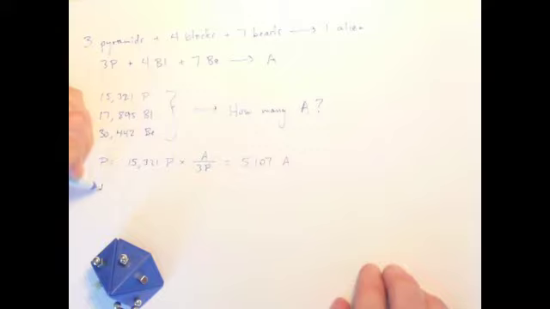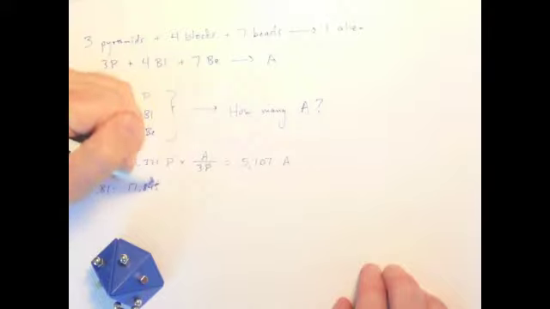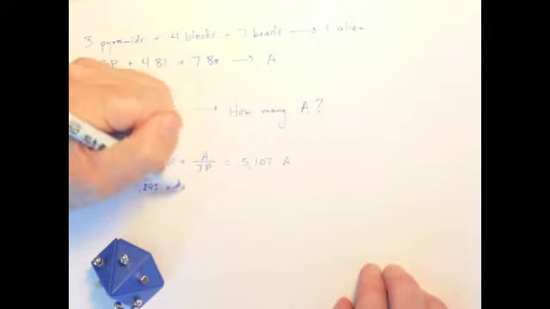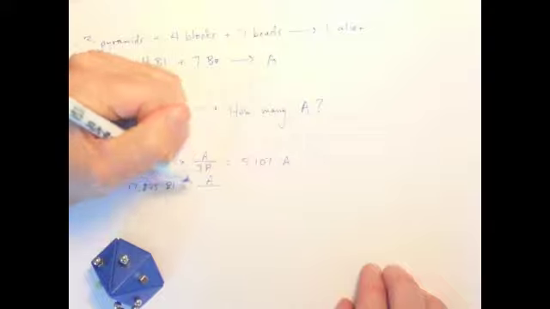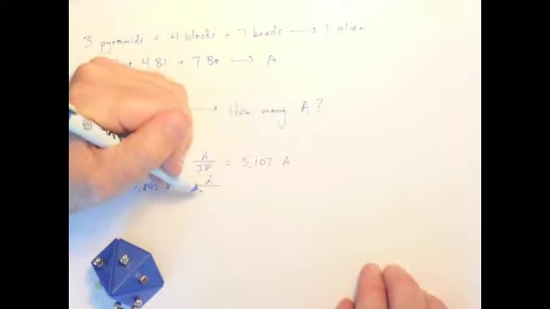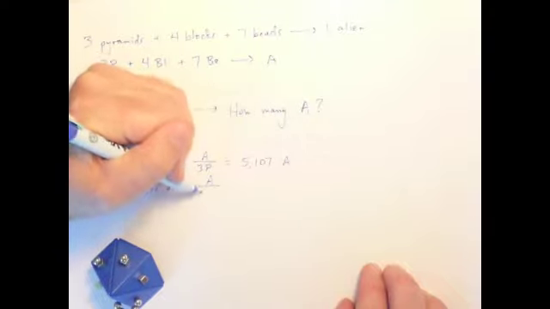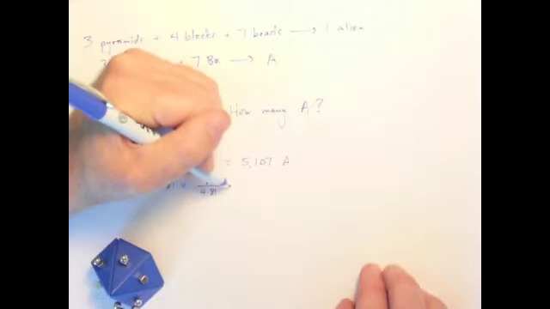What's our calculation for blocks? We have 17,895 blocks. We can make 1 alien from every 4 blocks.